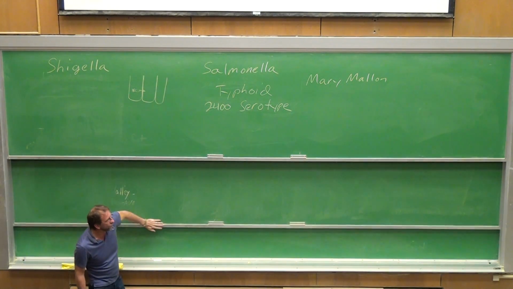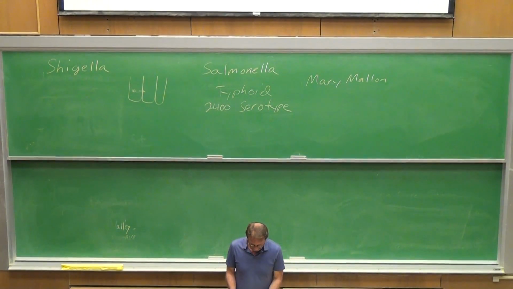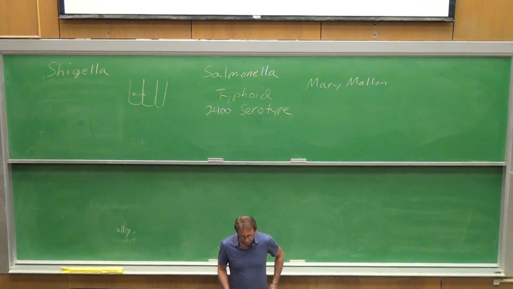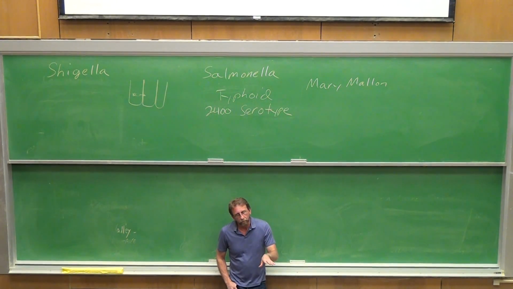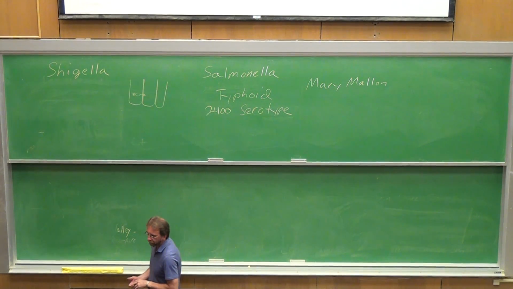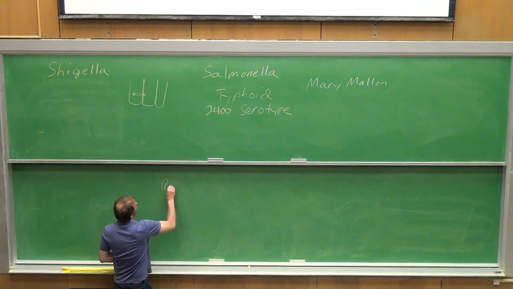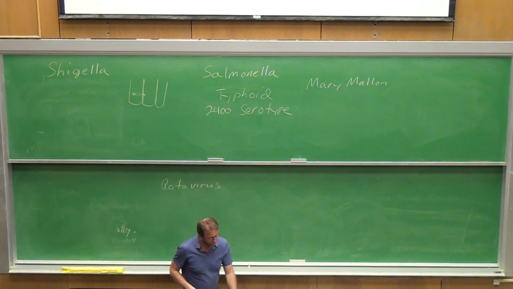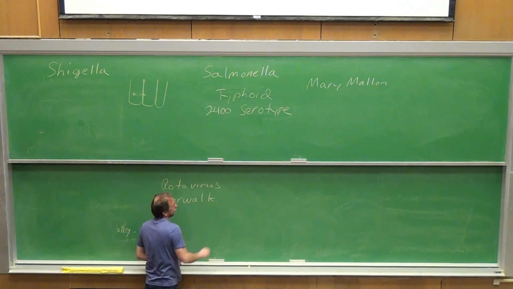I want to move on to a couple of viral infections. You can have viral diseases of the lower digestive tract that cause flu-like, stomach flu-like symptoms. You're probably familiar with them, the rotavirus or the Norwalk virus that you hear about on cruise ships all the time.